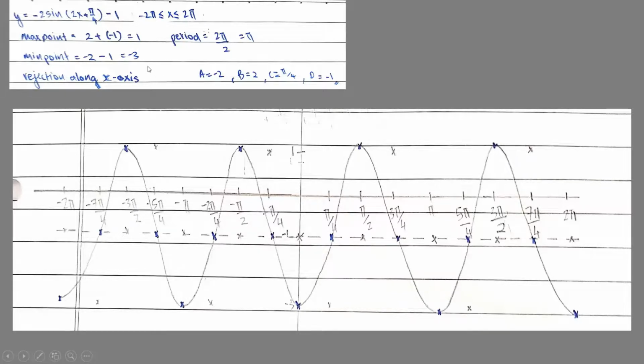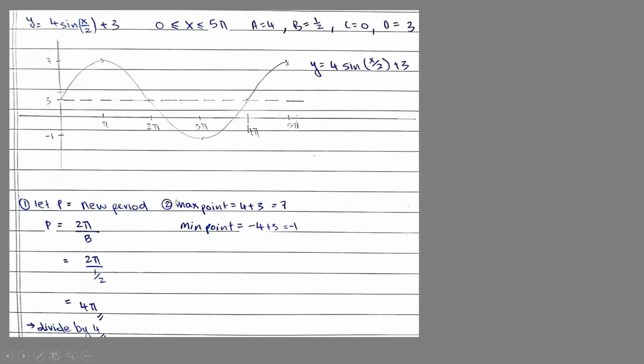All right. So when I'm drawing this, I've already considered the reflection across the x-axis. Before the reflection took place, your graph will go up first. However, after the reflection takes place, the graph is reflected about the x-axis, and each point will be flipped.